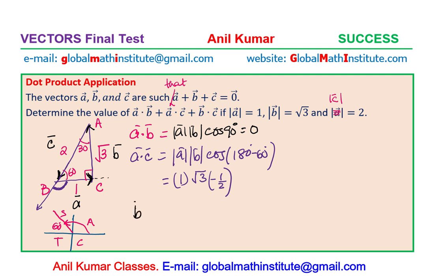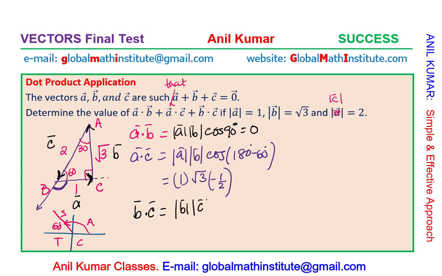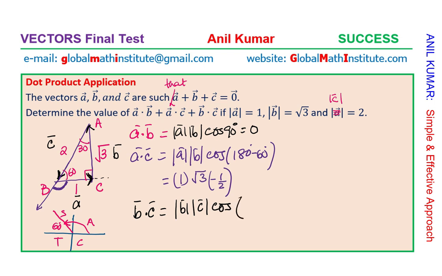So this is the second mistake which some students could make. Magnitude of B times magnitude of C times cos of the angle between B and C. As you can see, this is B, right? And that is C. So we are again talking about the angle, which is 180 minus 30. So this is 180 minus 30 degrees. So again, negative. You get the idea. This is this angle.